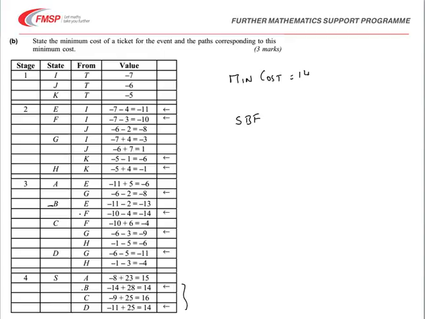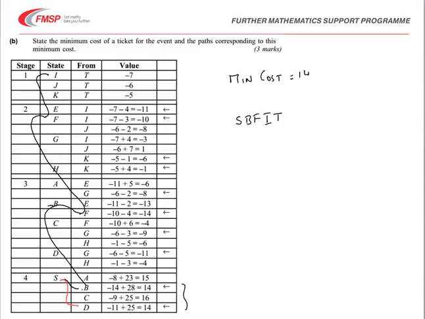So we're going from, and just try and mark this on the table here, S to B, from B to F, it's the smallest one, and then from F it's going to be to I, and then finally from I to T. So S, B, F, I, and T.